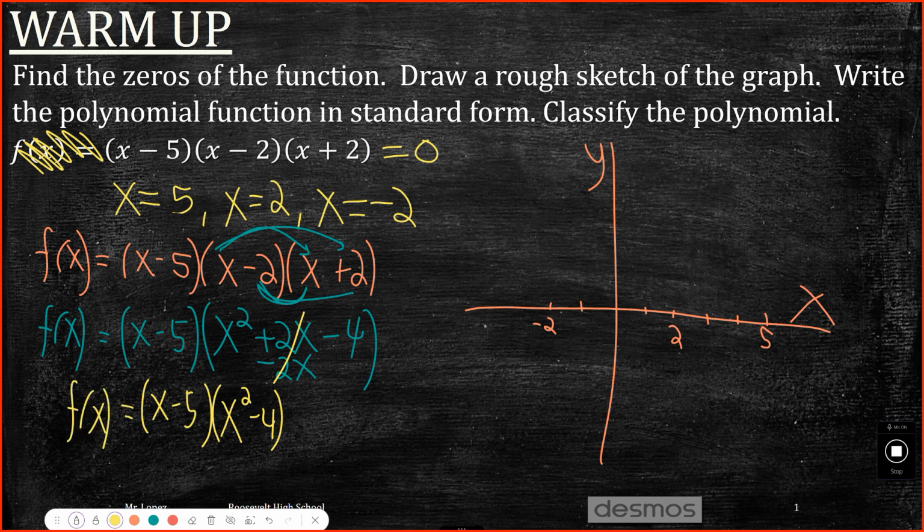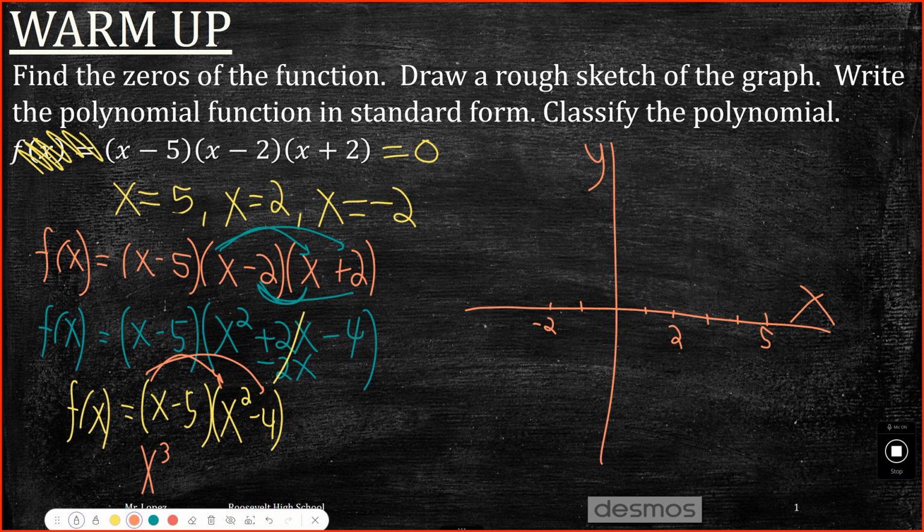Then what? What now? Am I done, or what am I supposed to do now? Continue on multiplying it out, no? So now I'm going to multiply this out. X times x squared. What's x times x squared? X cubed. I'm going to put this one first.